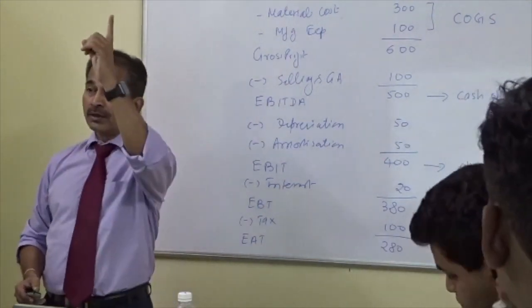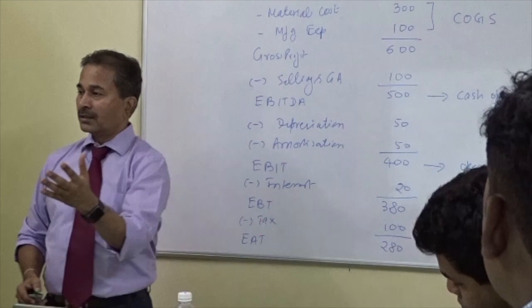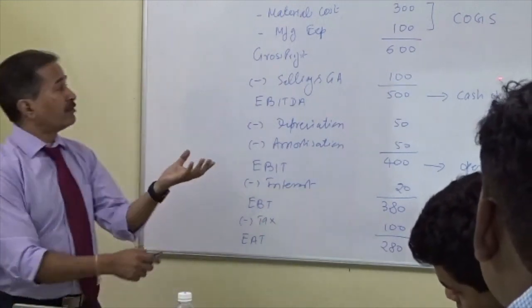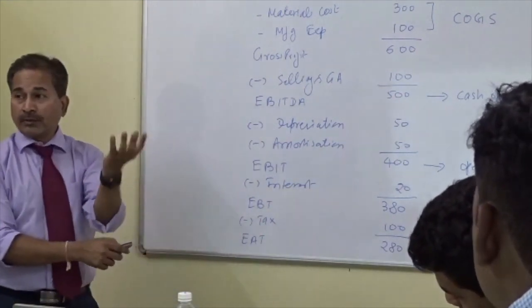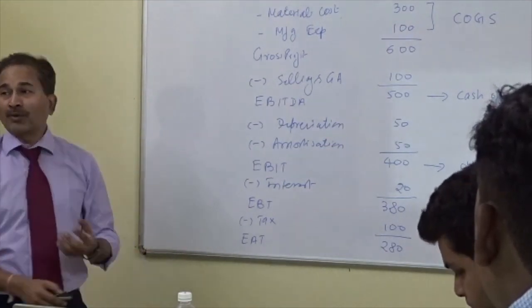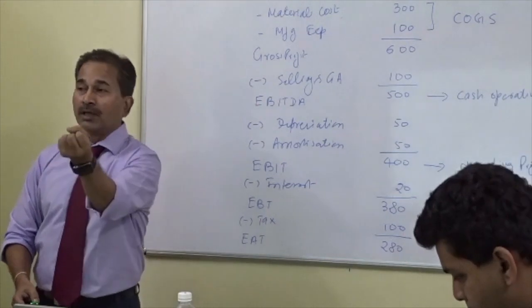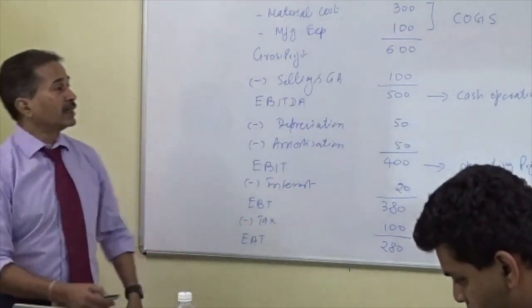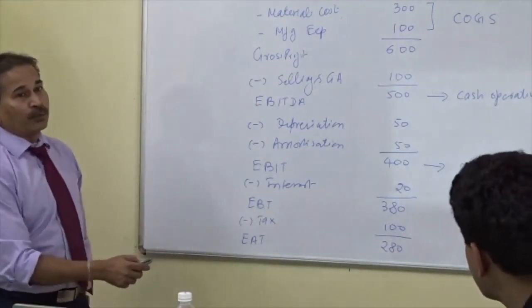From your operations, right? So this cash of 500 which you have got from your operations, and that cash which is available to you from your operations, that is why they call it cash operating profit.